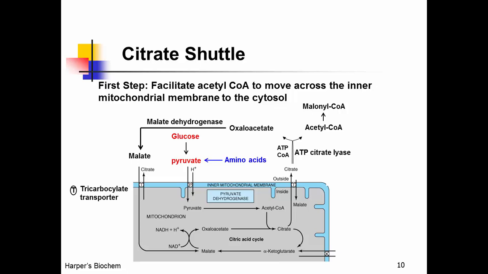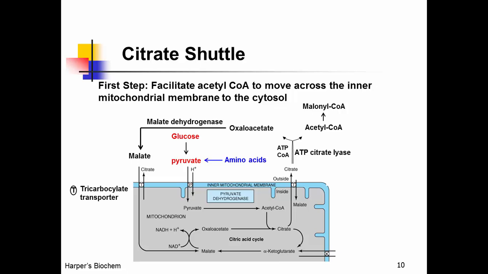If you remember, in the mitochondria, pyruvate is converted to acetyl-CoA, catalyzed by the enzyme pyruvate dehydrogenase, and this reaction occurs in the mitochondria. We also know that fatty acid synthesis takes place in the cytosol, and acetyl-CoA is the starting molecule. So how can acetyl-CoA get into the cytosol for fatty acid synthesis?